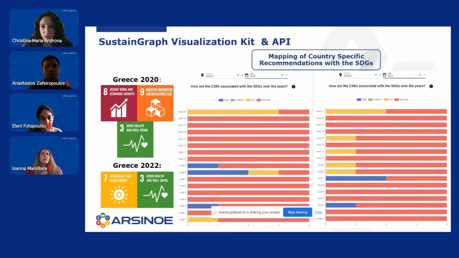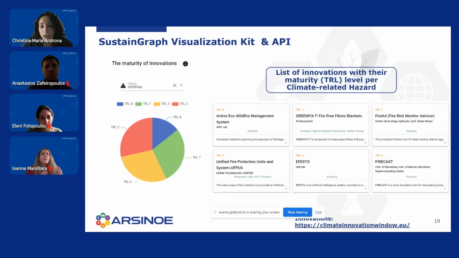However, in 2022, we can see a shift towards clean energy. And finally, someone can go through climate-related hazards and explore a list of innovations with their maturity level that are related to these hazards. These innovations are provided by the Climate Innovation Window.